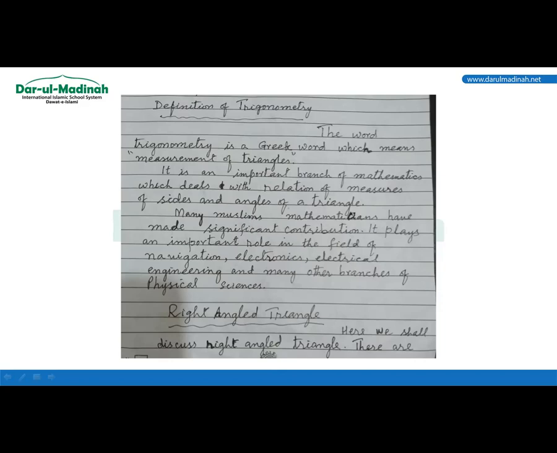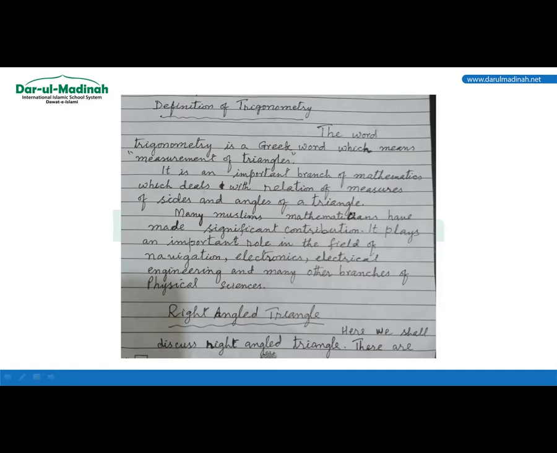Students, the definition is measurement of triangle. It means we will find the unknown side or angle of any right angle triangle. So first we should know what a right angle triangle is.